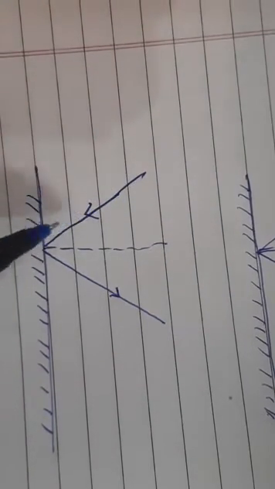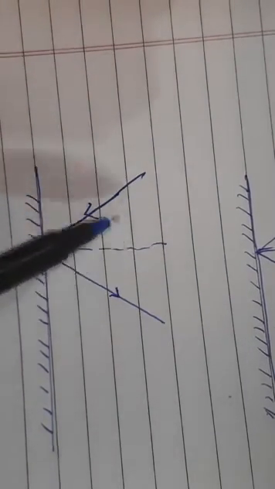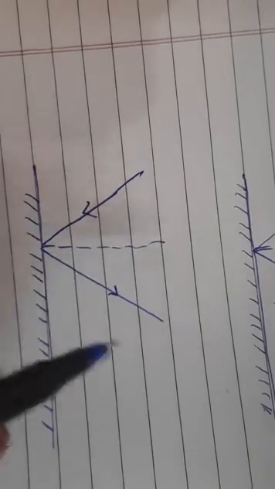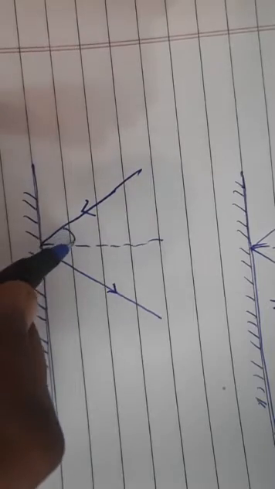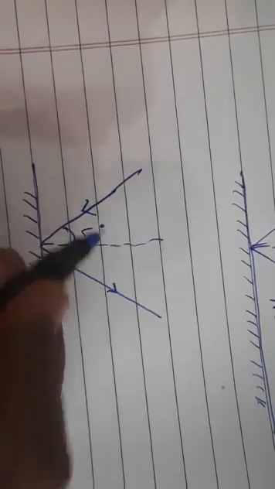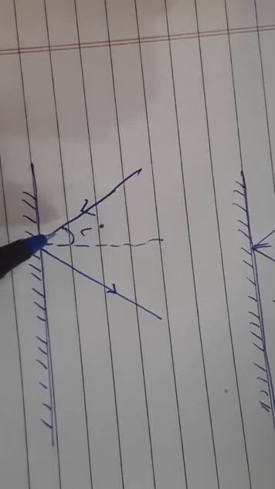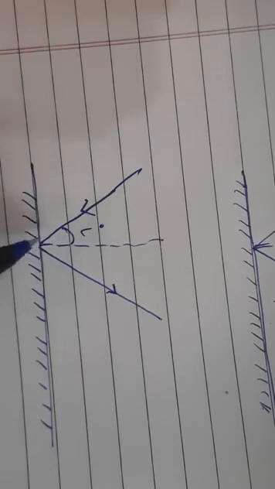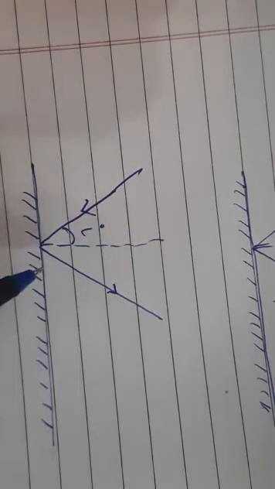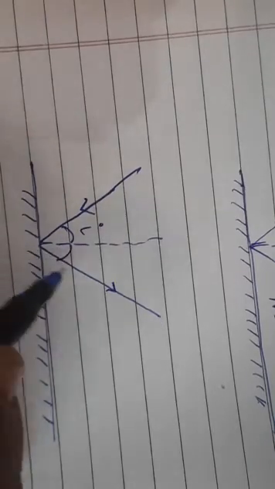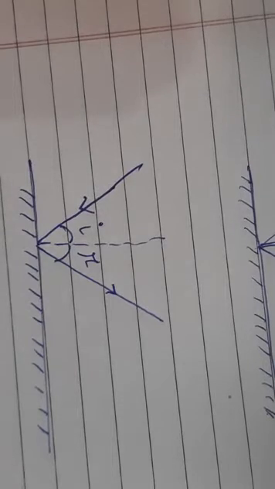Now the angle formed between the incident ray and the normal is called the angle of incidence, and this is represented by a small i. The angle between the normal and the reflected ray is called the angle of reflection.